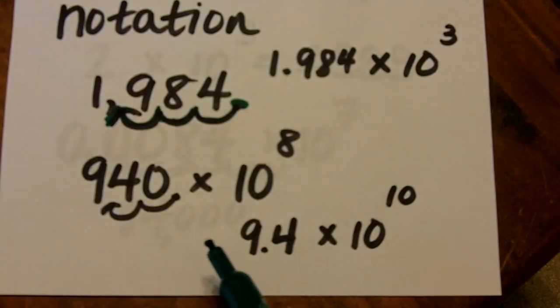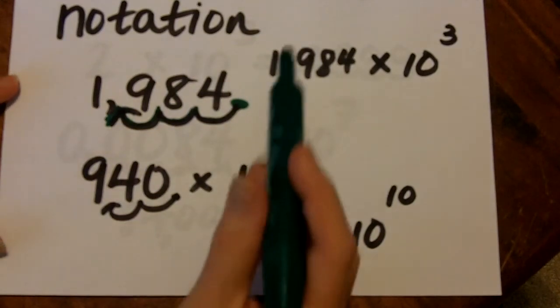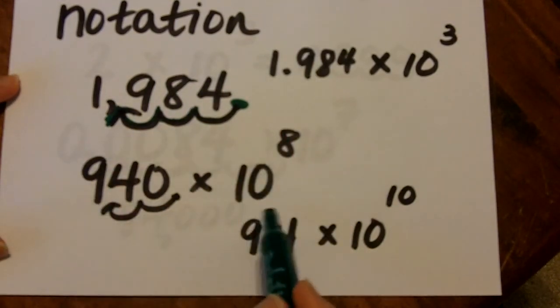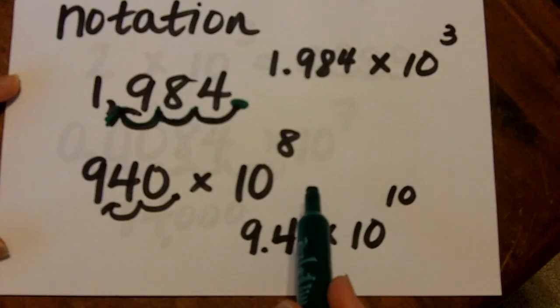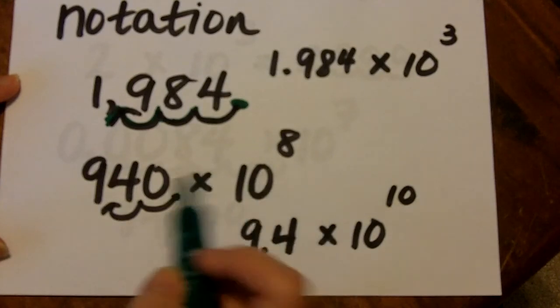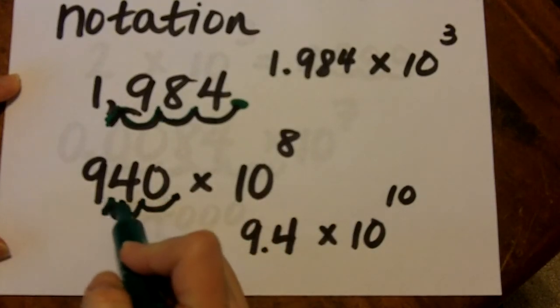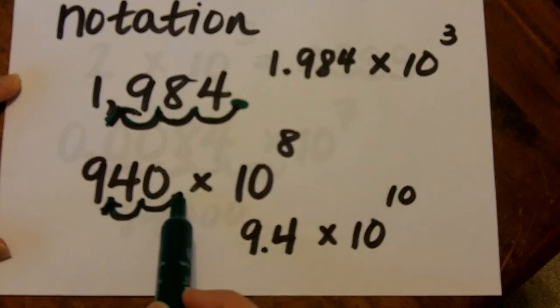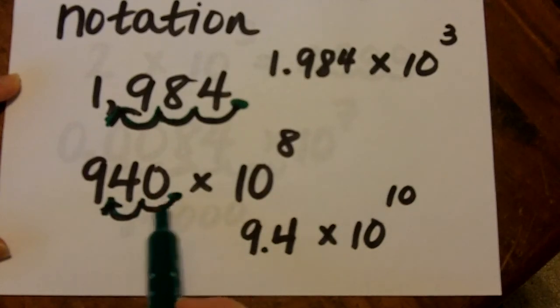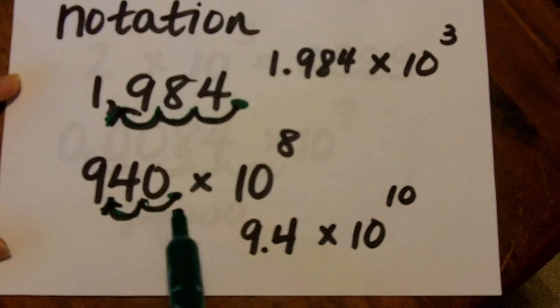If you had 940 times 10 to the 8th, and they said for you to write it in proper scientific notation form, don't be thrown off by looking at this and saying, oh, it's already in scientific notation. It's not acceptable. We have to have a standard so that everybody's doing it the same way. So again, pretend you have a decimal that you can see. Move that decimal 2 places to the left.